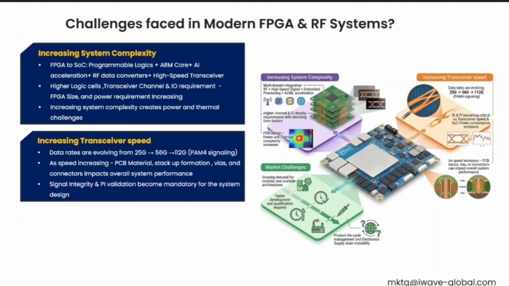Since PAM4 is more sensitive to noise than traditional NRZ signals, the connector, the PCB traces, wires, and even the PCB materials are part of the high-speed signal path. Everything needs to be taken care of for good quality and overall system performance. Because of this, signal integrity and PI validation have become a mandatory part of current high-speed system design.